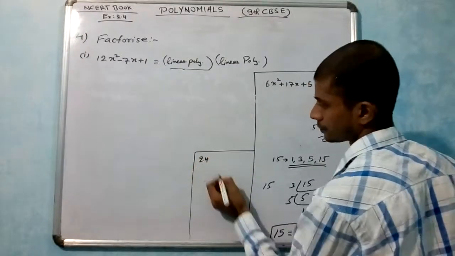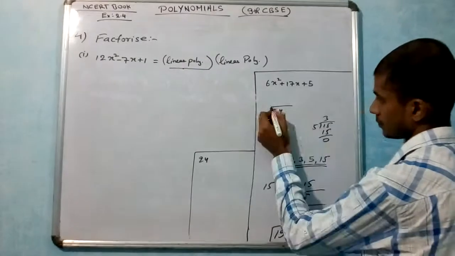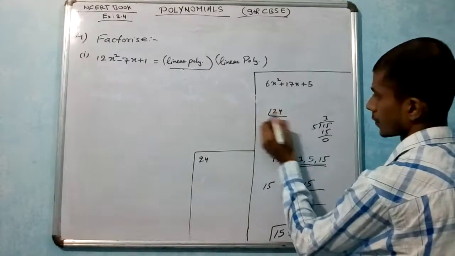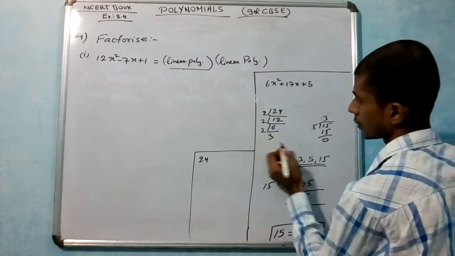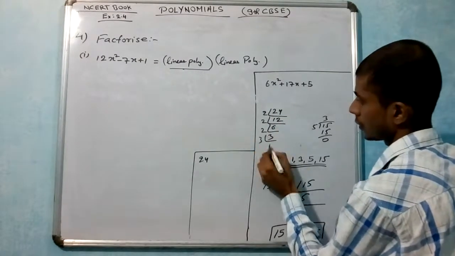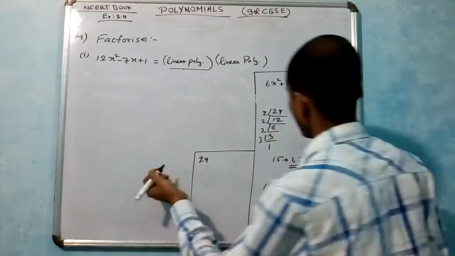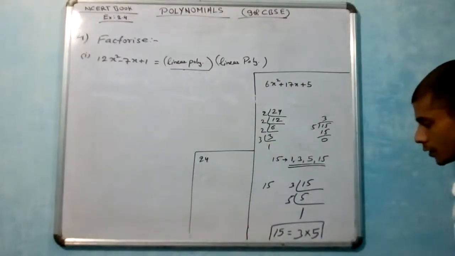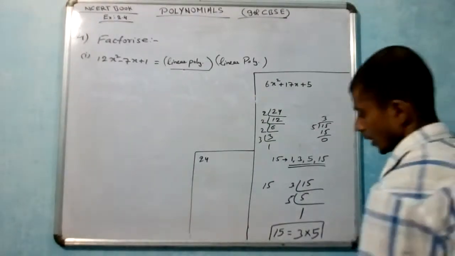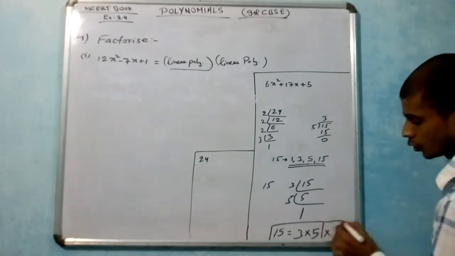Suppose 24. Let us take 24. 2, 12 table, 2, 3 are 6, 3, 1 are 3. Fine? Suppose again another number is coming, 32, or 15, 3 is 45. Even if a third different number is coming, no problem.